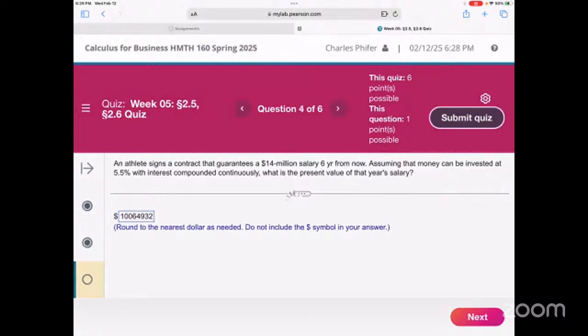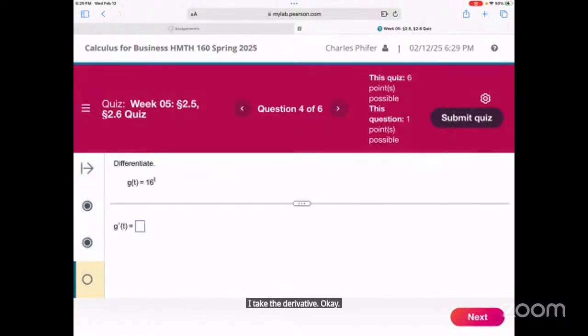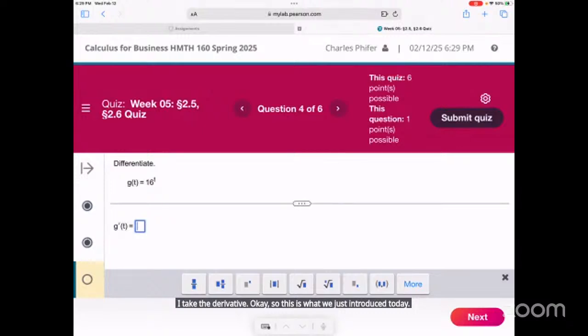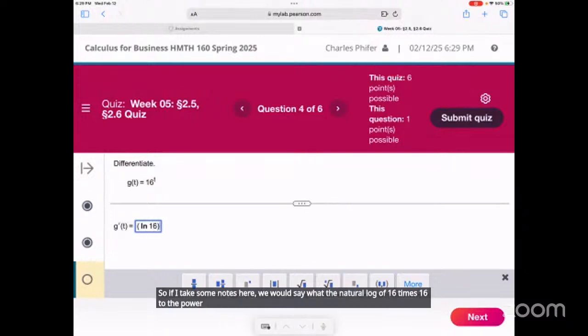Take the derivative. Okay, so this is what we just introduced today. The exponential is its own derivative times the natural log of 16. So if I take some notes here, we would say the natural log of 16 times 16 to the power of t.